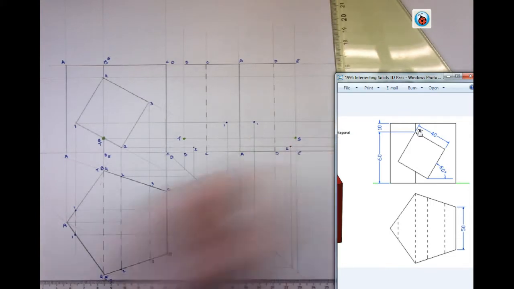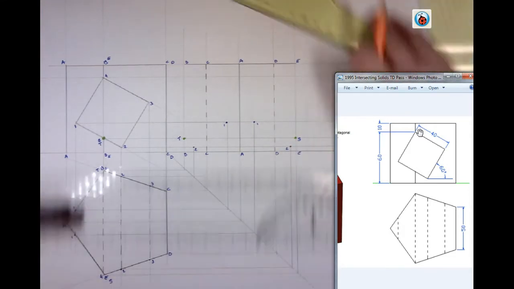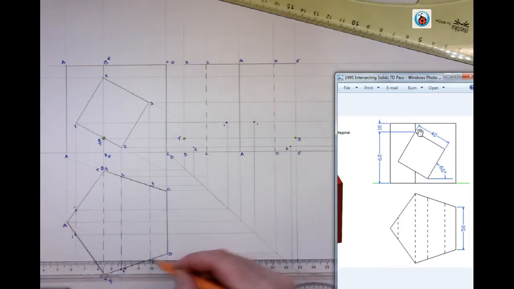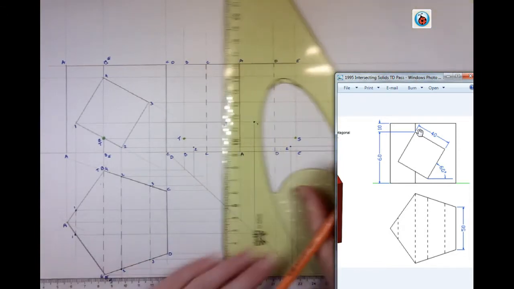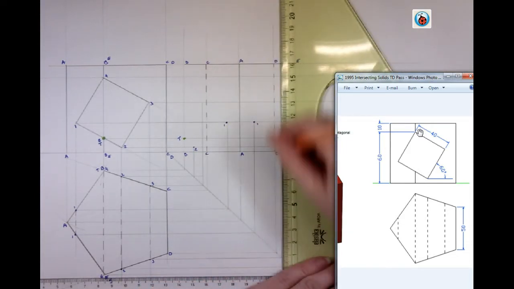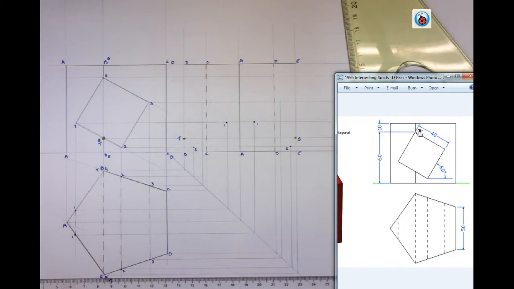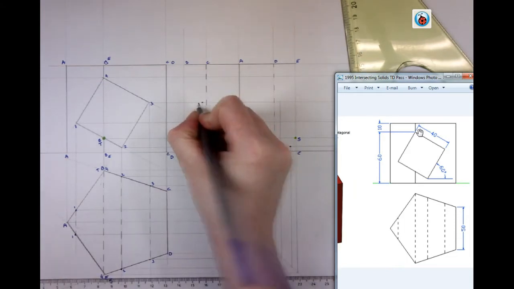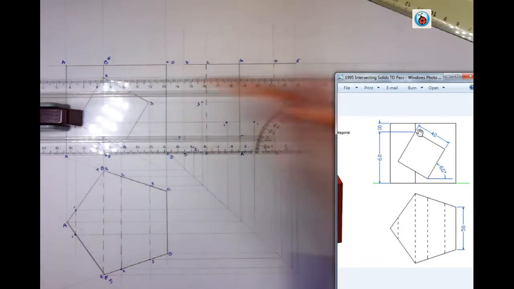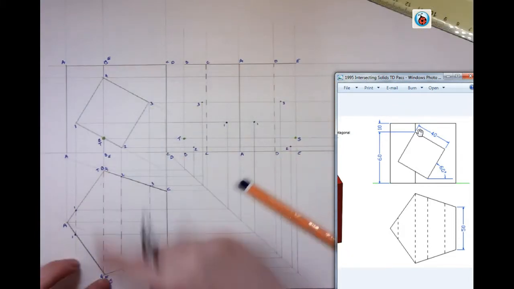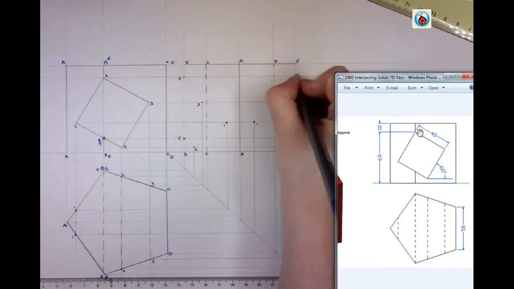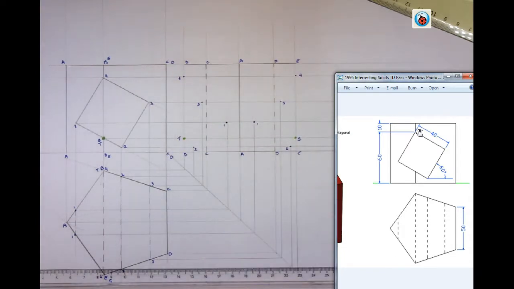That's 2 and 2. 3, and 3, and then 4. Now, 4 is being cut at E and B. Lovely. So that's all my points found.